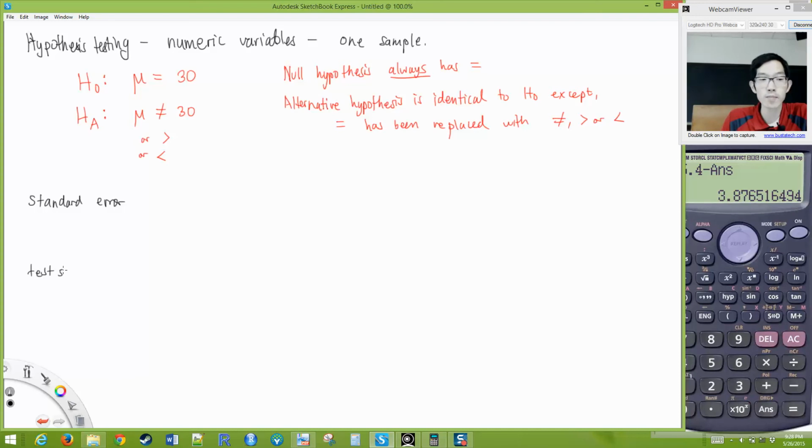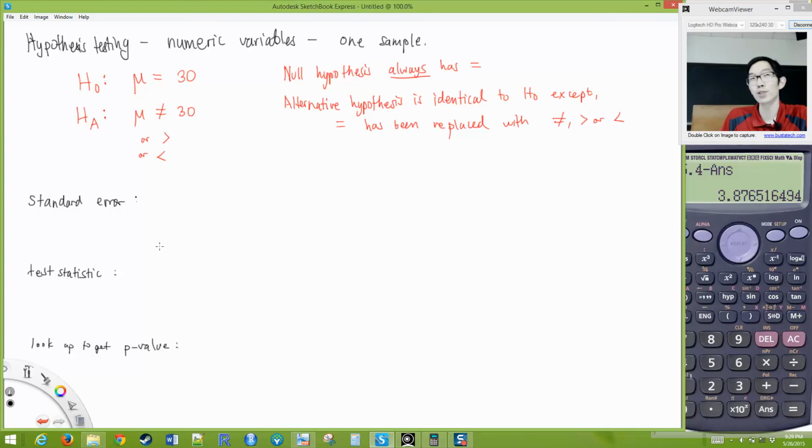And then once we get our test statistic, we look it up to get our p-value. So this process is identical as before. The only thing that's changing is the formulas for the standard error and test statistic. But the process is the same. So if you've got the process down, you should be in good shape. If you don't have the process down, then you need to learn that, because you won't do well in the class if you don't understand the process behind hypothesis testing.